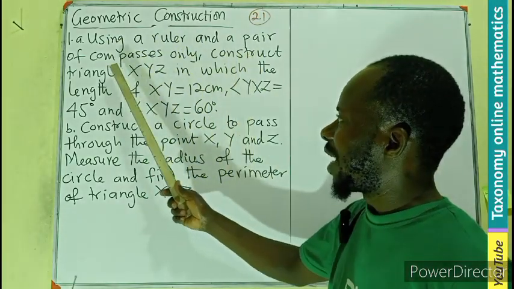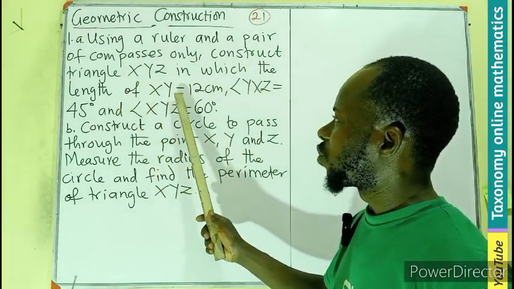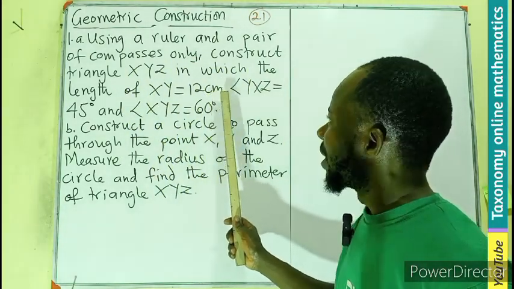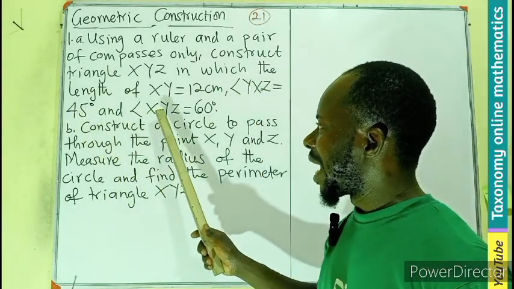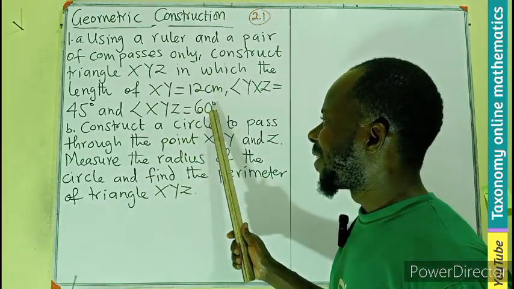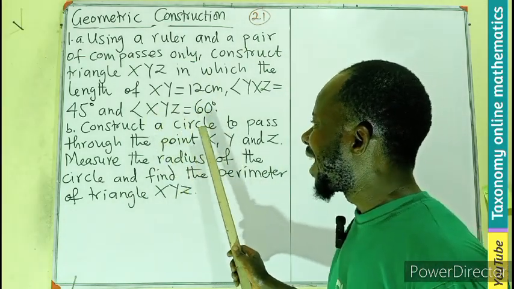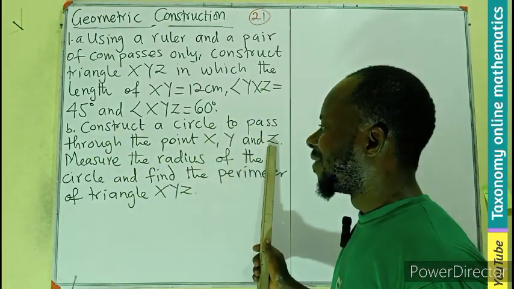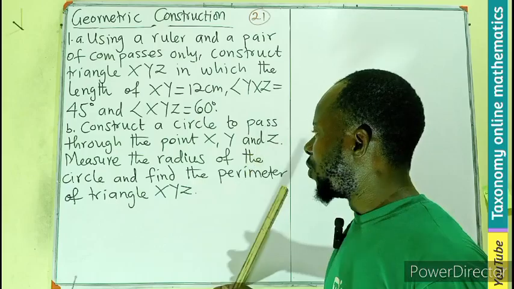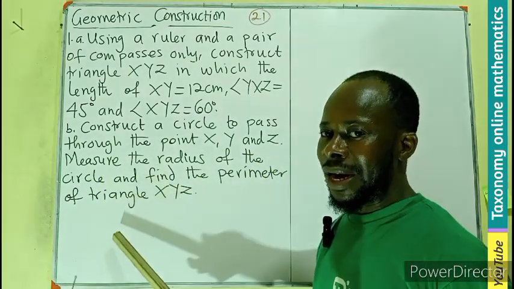We are to construct a triangle XYZ in which the length of XY should be 12 centimeters, the angle on X should be 45 degrees, and the angle on Y should be 60 degrees. That's the first part. Then we are to construct a circle to pass through the points X, Y, Z. Then we measure the radius of the circle and find the perimeter.